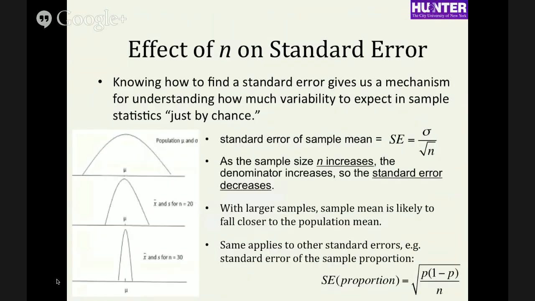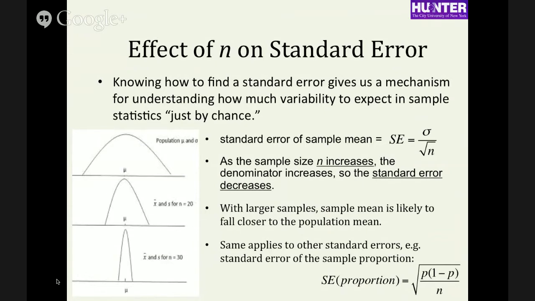Yes? One good statement you made, if you can just repeat it again. So you said the n allows us to calculate the standard deviation in reference to... n allows you to calculate the standard error in reference to the population standard deviation.